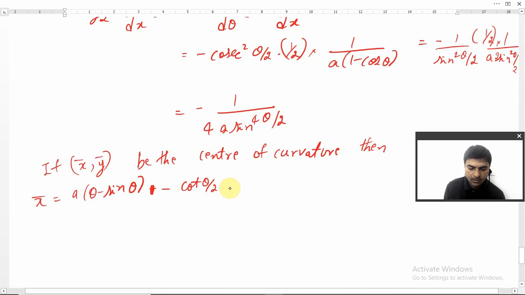Then next, 1 plus, I am substituting the formula I have given in the previous slide, so just I have taken that same formula, 1 plus y1 square.